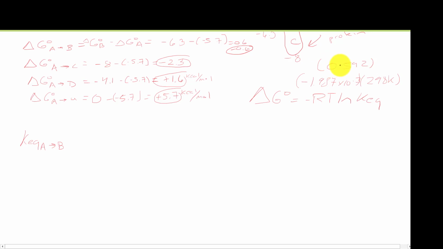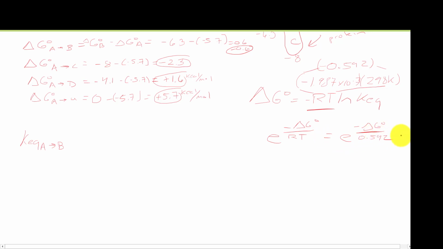So you're going to see me using that, that's RT, over and over here. So negative 0.59. If we solve for KEQ, it goes E to the negative delta G naught over RT, or E to the negative delta G naught over 0.592 as I did.